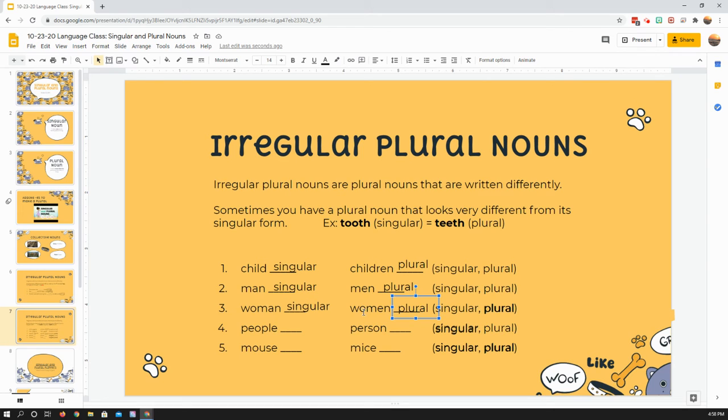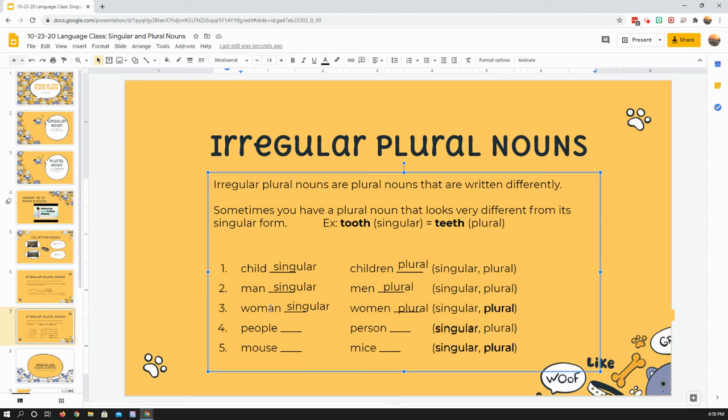Woman singular, women plural. The pronunciations are very, very similar. But the thing that changes is that this has an A and it's singular, and then this has an E and it's plural. And same thing happens with the word man. It has an A, it's singular. Men, it has an E, it's plural.